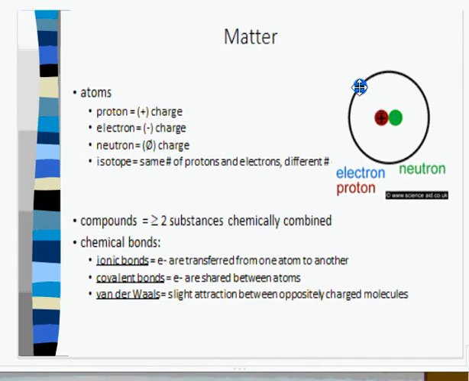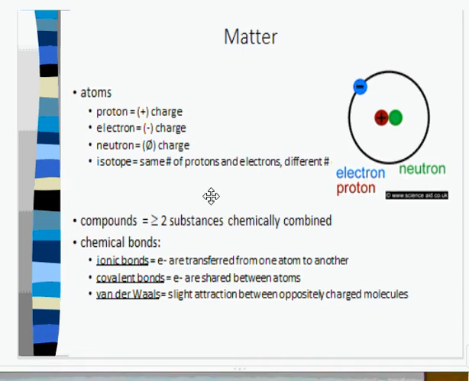And then around the outside, traveling at almost the speed of light, is an electron with a negative charge. And it's those electrons and those protons and those neutrons that interact to form all the compounds and molecules that make up life and the material that sustains it.